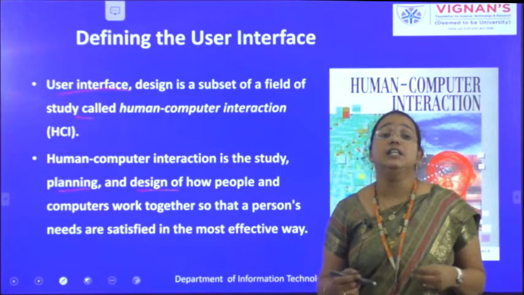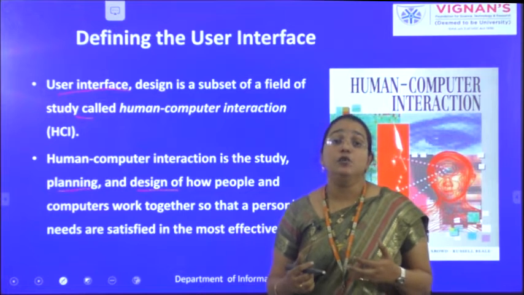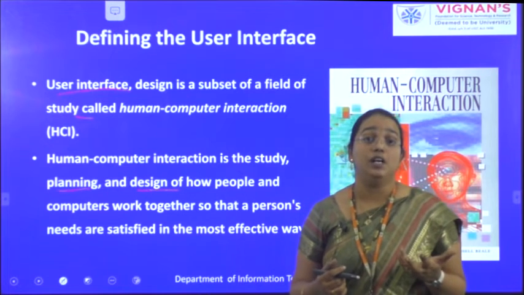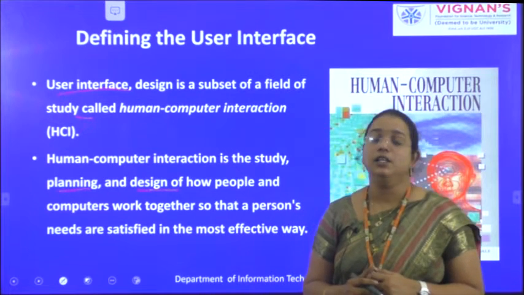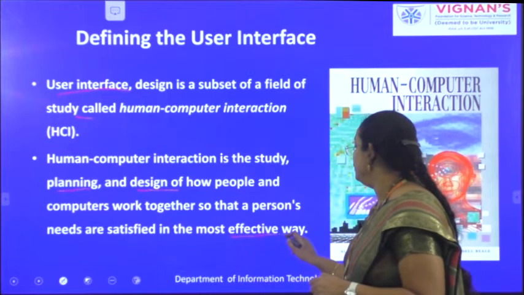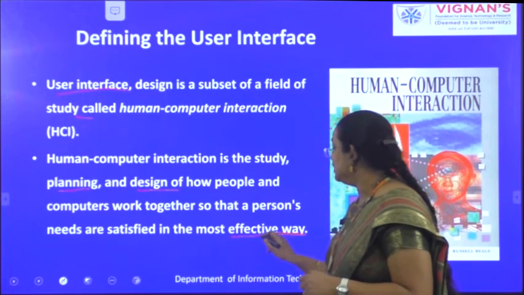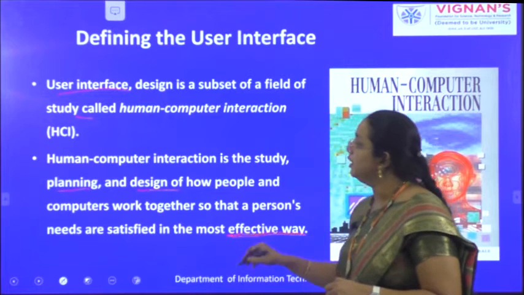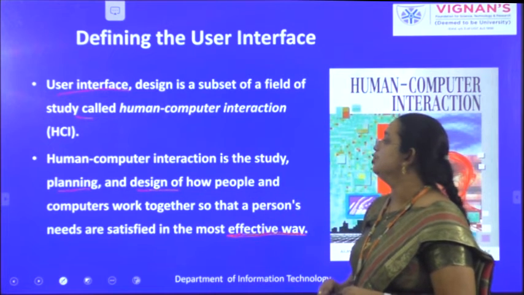Whatever the user needs, the person who is going to use that computer has to be satisfied in the most efficient, effective way. Whether you are satisfied or not in an effective way, the human-computer interaction matters.